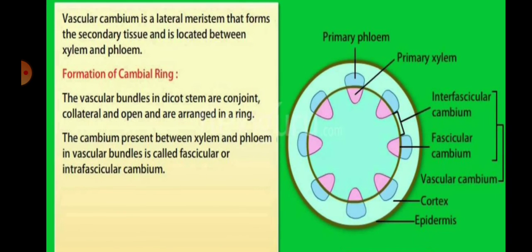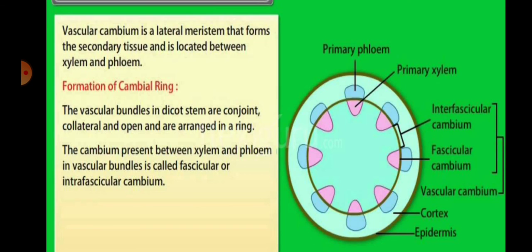See in this diagram very clearly, primary phloem is there in blue color, and primary xylem is there in pink color, and a continuous ring is formed, and that is cambium. Now, the cambium in between the vascular bundle is known as fascicular cambium, and outside, in between these two vascular bundles, this cambium is known as interfascicular cambium.